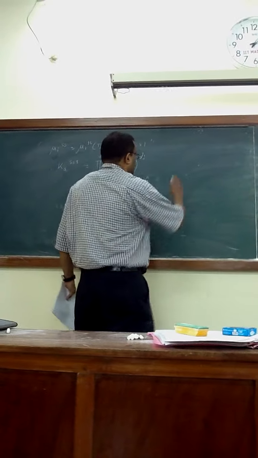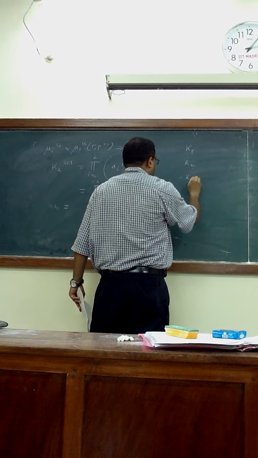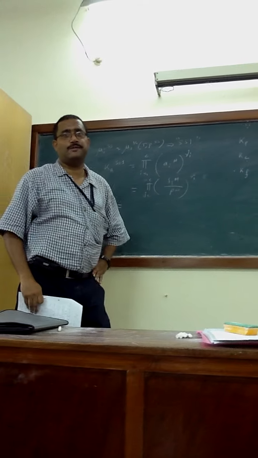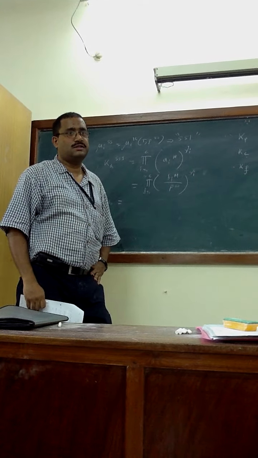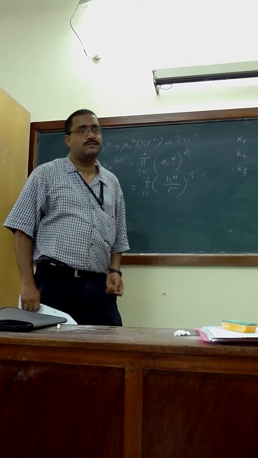Then we have defined Kp. We have defined Kc. We can also define in terms of Kf, the fugacity based equilibrium constant. If you define in terms of fugacity based, what formula you get?